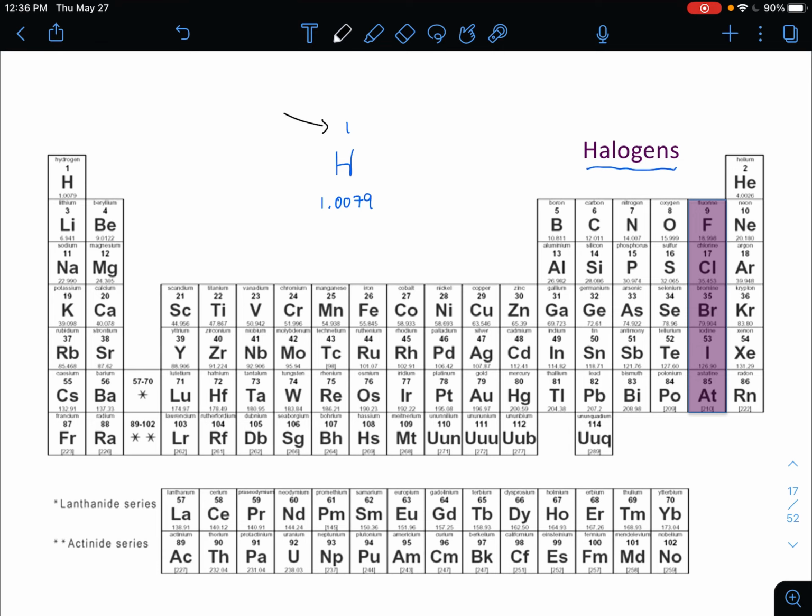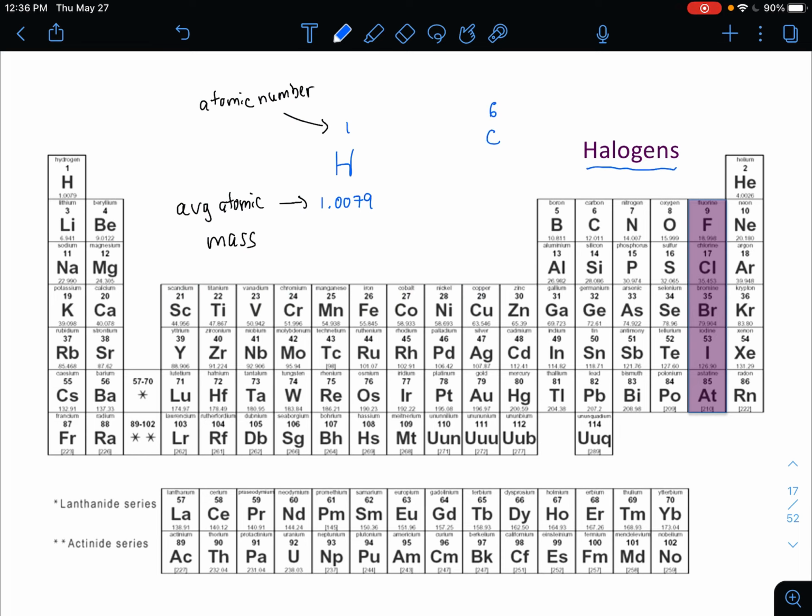So in this case, this up top is the atomic number. So that's the number of protons. And then down here, this is the average atomic mass. So let me do the same thing for carbon, since that was the example we were using earlier.